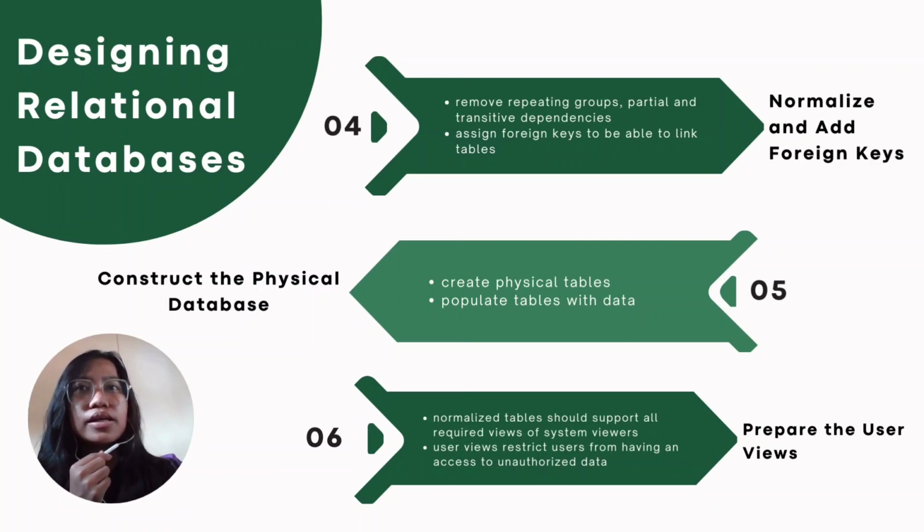So here, next slide, the next phase is to normalize the data model and add foreign keys. So here, the repeating group data were removed to a new PO item detail entity. The new entity was assigned a primary key that is a composite of part number and PO number. So the attributes part number, quantity received, and condition code are repeating groups in the receiving report entity and were removed to a new entity called rec report item detail.